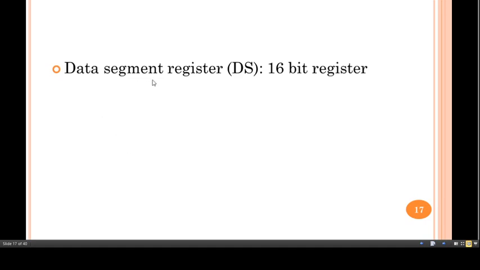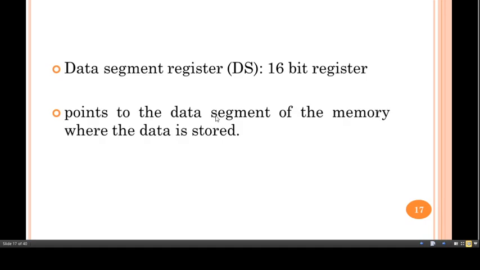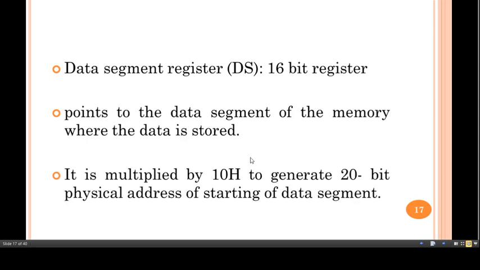Next register is the data segment register, DS. It is a 16-bit register. It points to the data segment of the memory, and the data segment is used to store the data. If we have to identify the starting address of the data segment, then we have to multiply this DS register by 10H so that the 20-bit physical address can be calculated.